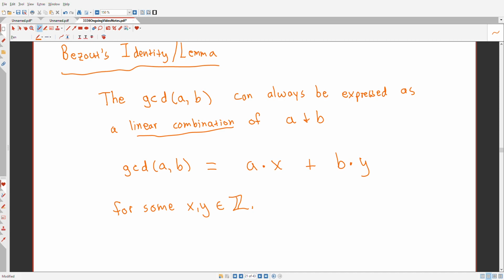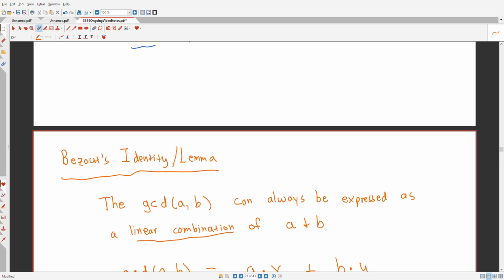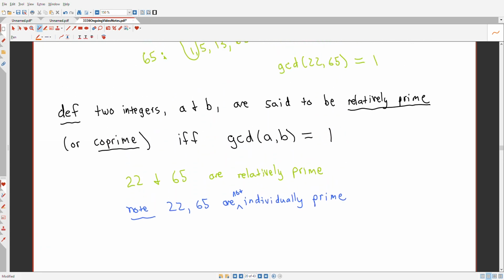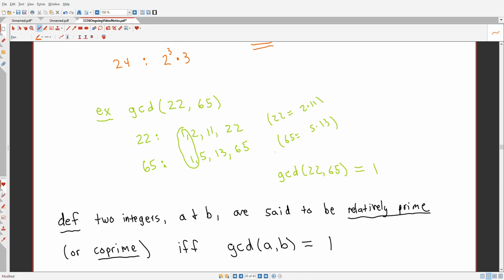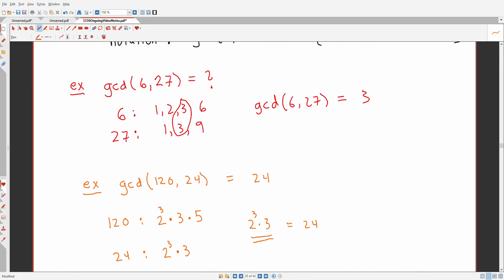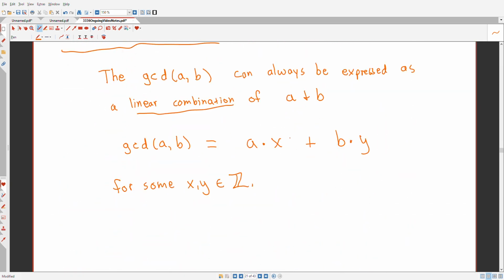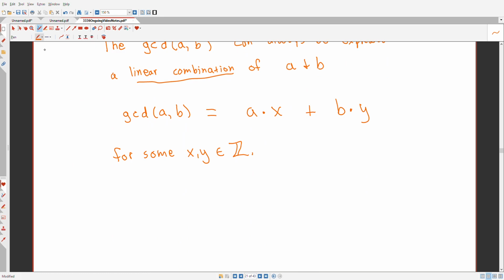Okay, let's try a couple examples of this result. Let me pick some of our smaller examples from above. Oh, let's try 6 and 27. So we computed that the greatest common divisor of 6 and 27 is 3.